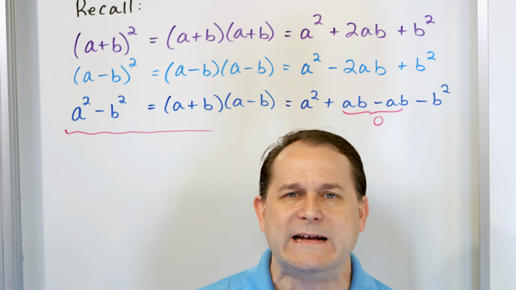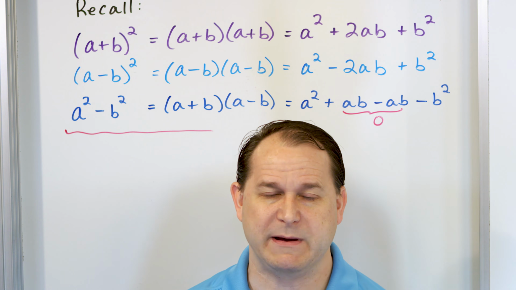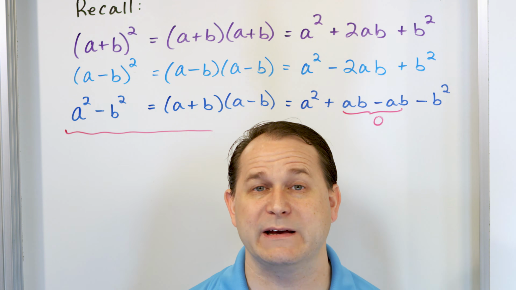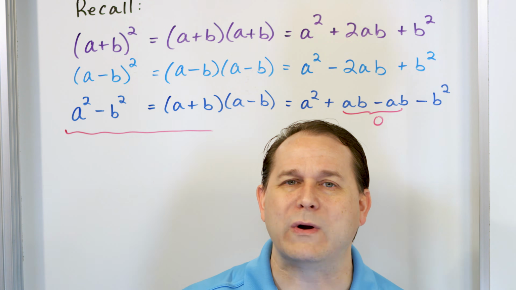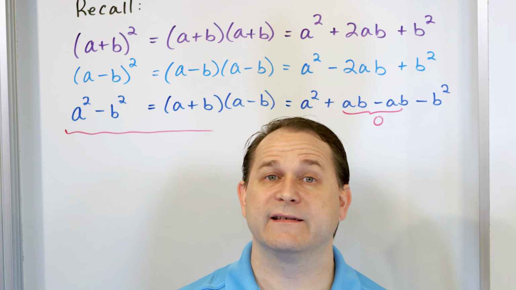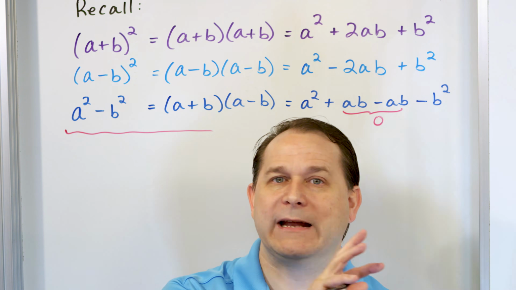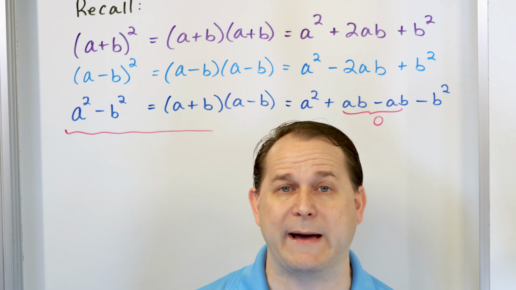All right. Now, one thing I want to talk to you about in the beginning here, try to make it all the way to the end of this lesson with me, because we need to talk very seriously about something called rationalizing the denominator. We don't want radicals in the denominators of fractions. We've talked about that before. But in this lesson, we're going to have more complicated expressions that will have some kind of radical in the denominator, and we need to talk about how to get rid of them.